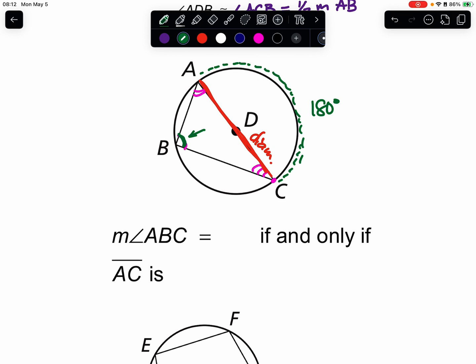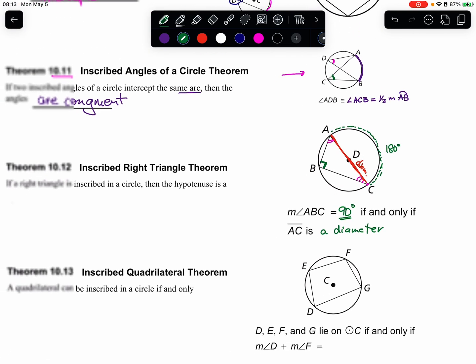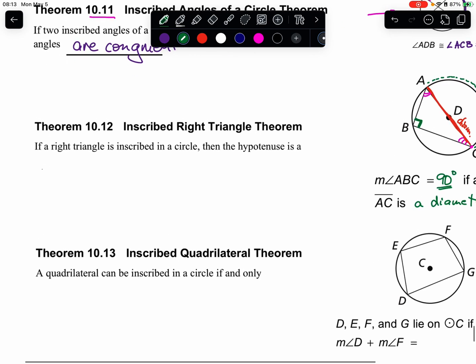Oh, measure of angle ABC is 90 degrees, because AC is a diameter. So angle B is not just any ordinary angle. Angle B is a right angle. Go ahead and make sure you put a right angle symbol in there, which should make the triangle a right triangle. So that's why this is called the inscribed right triangle.